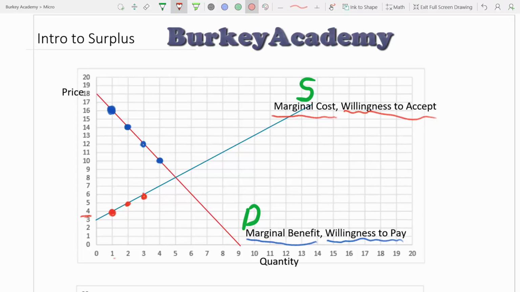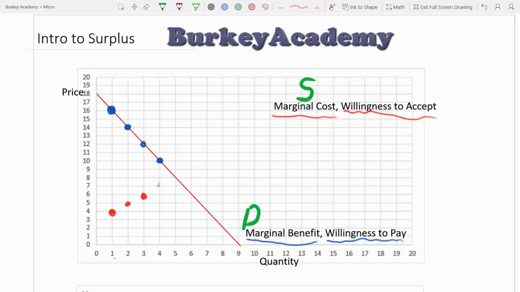And that's why, on a supply curve, if a business saw that the price it can sell the product for is $6, it would stop producing at 3 units, because if it produced the fourth unit, it would cost $7 to produce and they'd only be able to sell it for $6. So it doesn't make sense to keep going there.